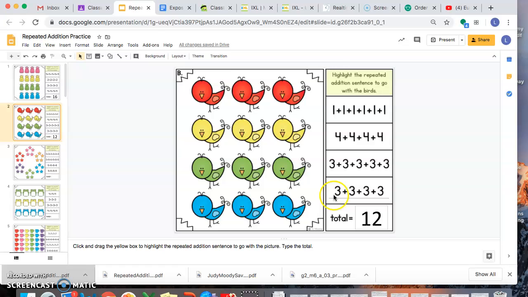For example, you would write number 1, then write 3 plus 3 plus 3 plus 3, and then 12. That's all you would have to write on paper. And then once it's all done, just take a picture of that paper and send it to me. You don't have to draw the picture. You don't have to write all the options. Just write the equation with the total. And that's if you are having trouble with completing this online. You also have the option of sending me a picture.